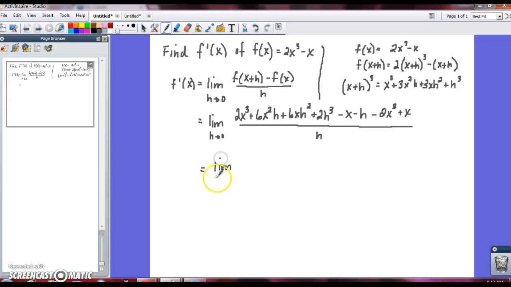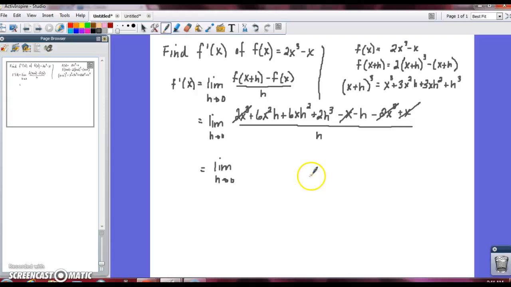So now I have the limit as h goes to 0 of what? Well, let's see what I can cancel. I can get rid of my 2x cubed. I can get rid of my negative x. I can get rid of the positive x.